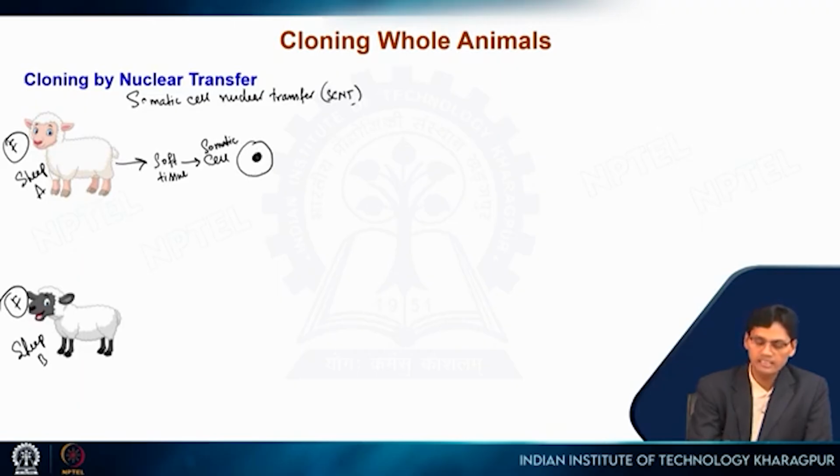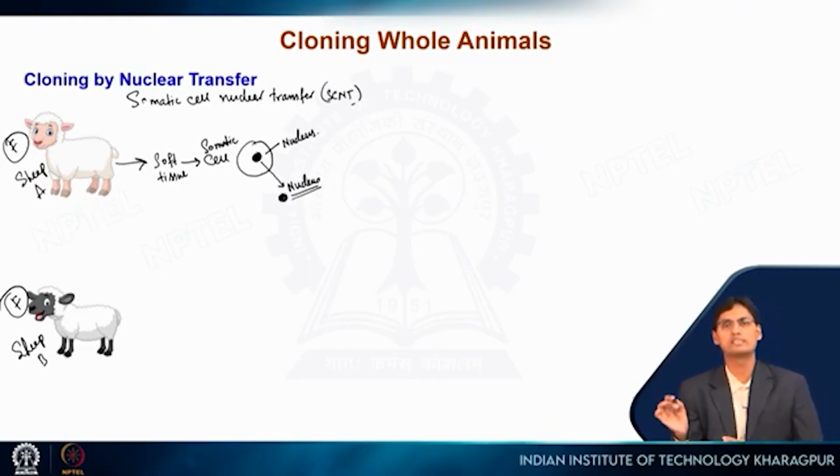So, if this is the somatic cell here, at the center in black color, whatever I am showing, this is the nucleus. So, we will take this nucleus out, right. The nucleus was removed and it will be used in this method, and the cell without the nucleus will be discarded, no requirement.